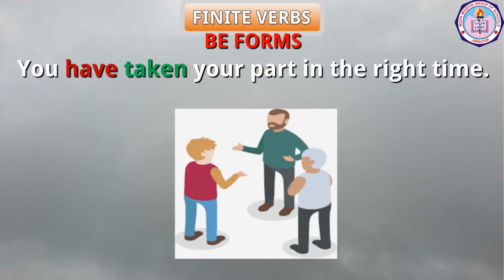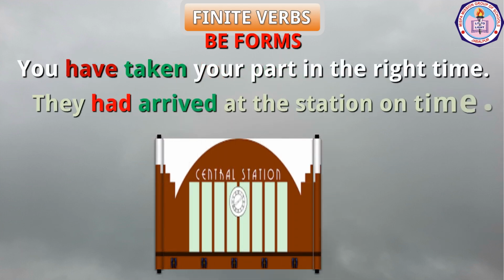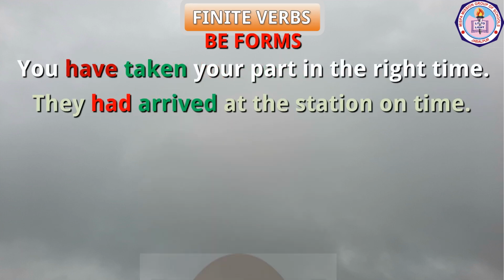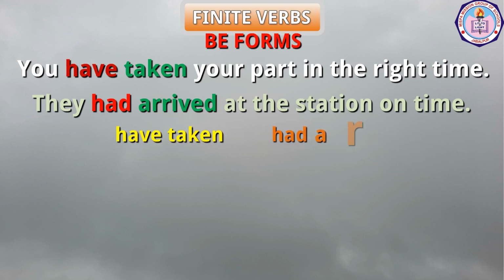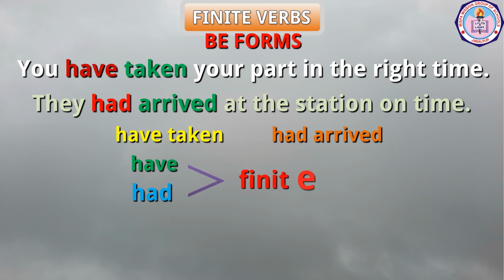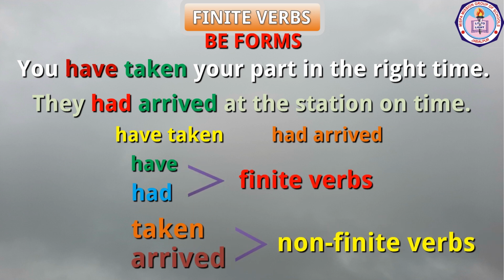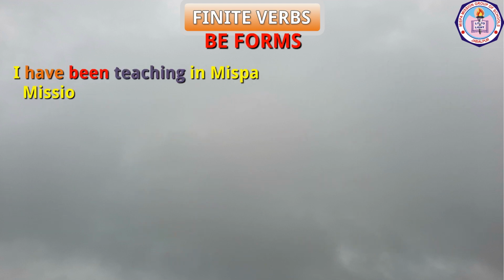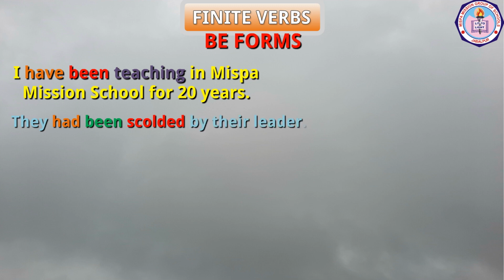You have taken your part in right time. They had arrived at the station on time. Here, have taken and had arrived are the phrasal verbs. Have and had are the finite verbs, and taken and arrived are non-finite verbs. I have been teaching in Miss Permission School for 20 years. They had been scolded by their leader.